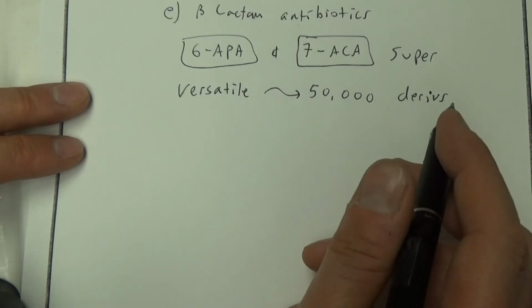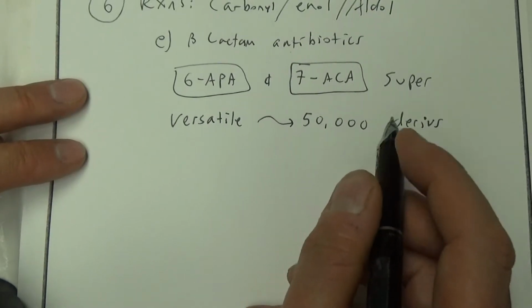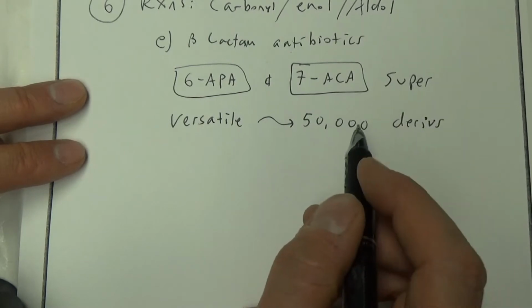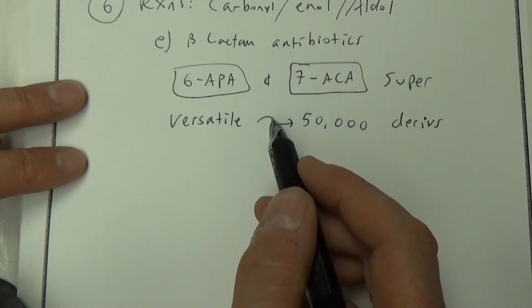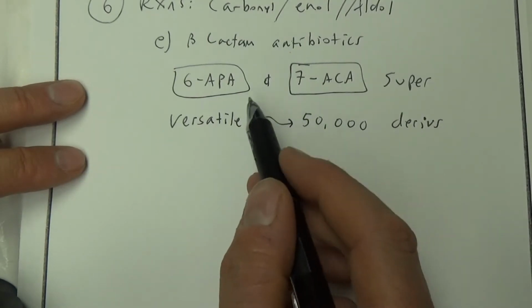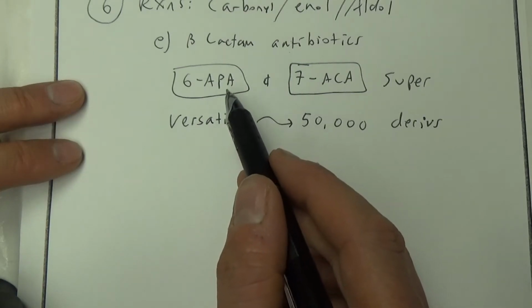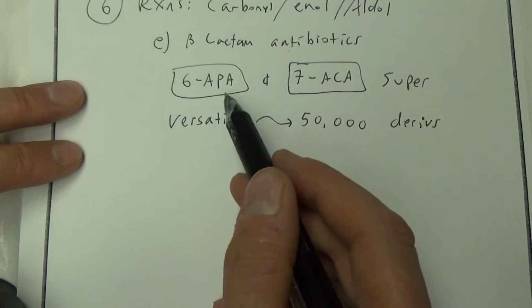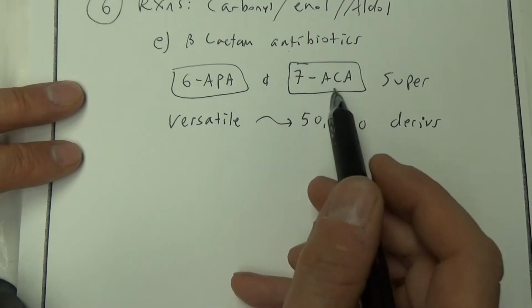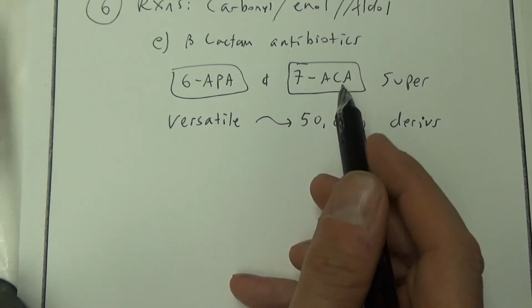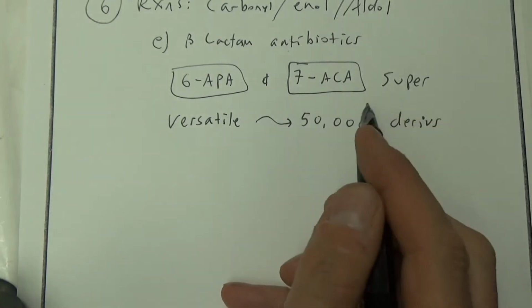And not a handful of them are actually used commercially, but it's nice that it's so easy. It could even be a student project. Just take 6-APA and react it with some different acid chlorides or whatever, or 7-ACA, and do the same. And you can just build libraries of molecules.